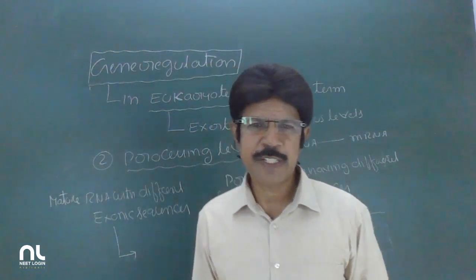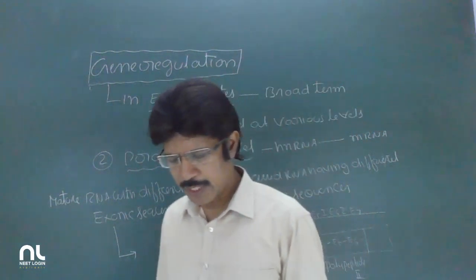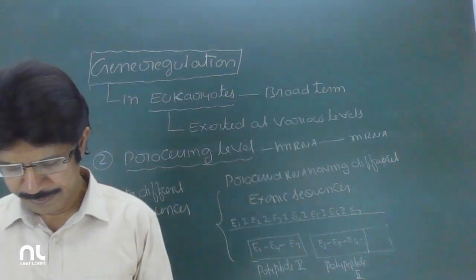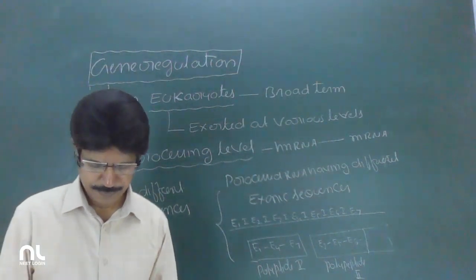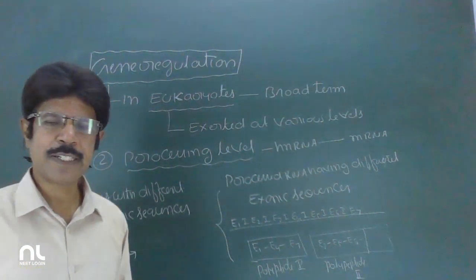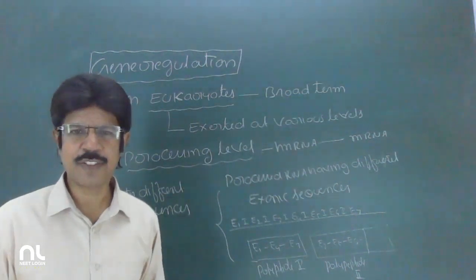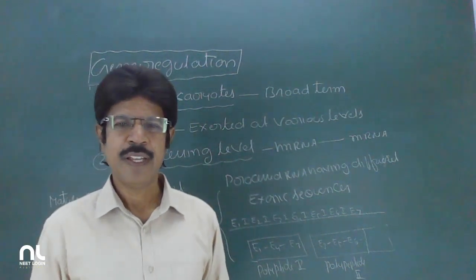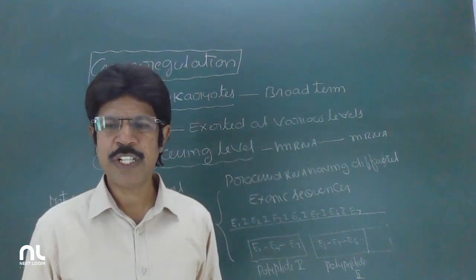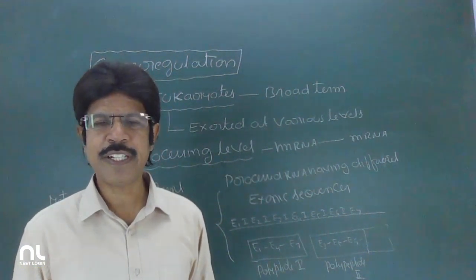Can you differentiate the primary transcript and mature RNA? The primary transcript is going to have exons and introns, and processed RNA is going to have only exons without introns.